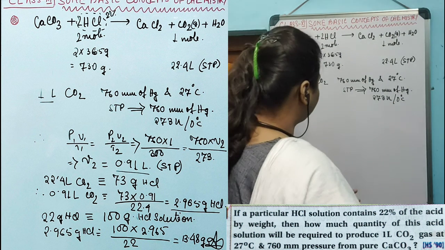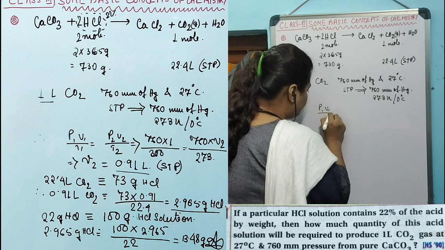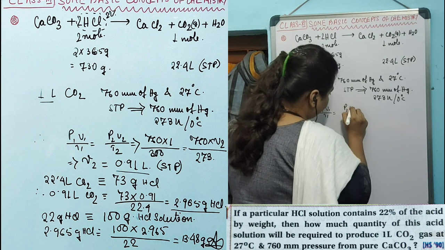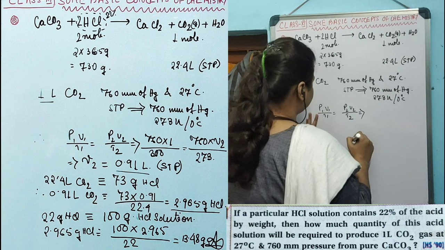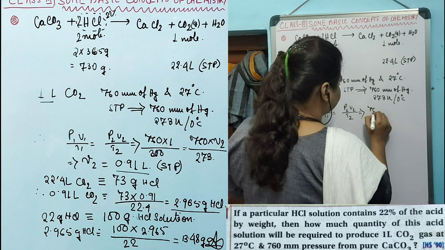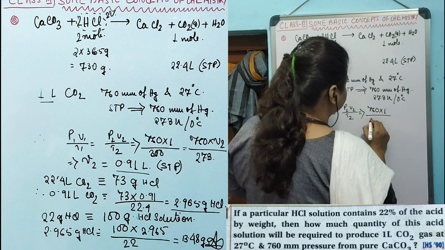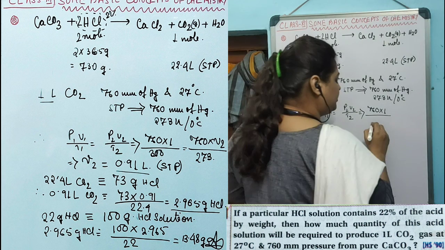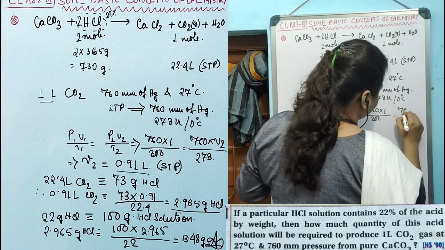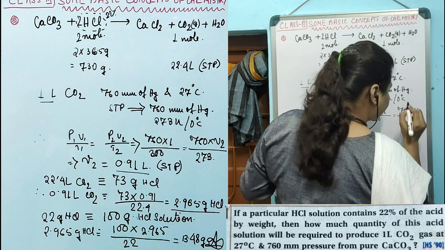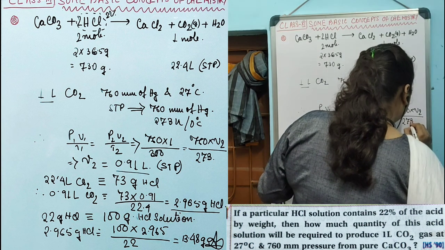Therefore, by applying ideal gas law, we can write P1 V1 by T1 equals P2 V2 by T2. By putting the values in their respective places, we get 760 multiplied by 1 liter divided by temperature 273 plus 27, which gives 300 Kelvin, equals P2 is 760 multiplied by V2, that is the volume that we need to find out, by 273.